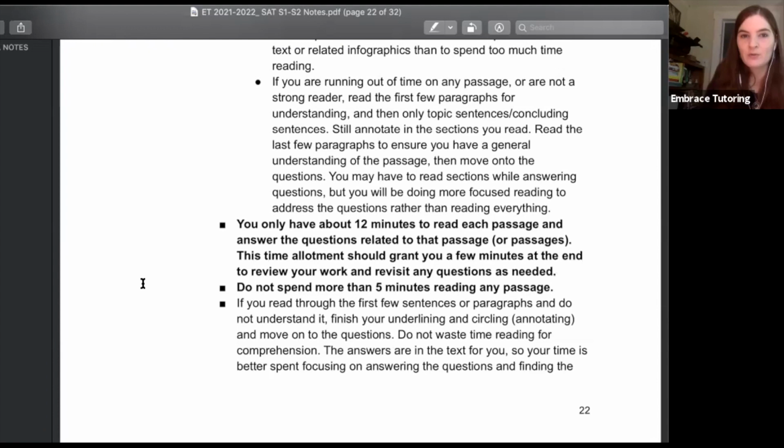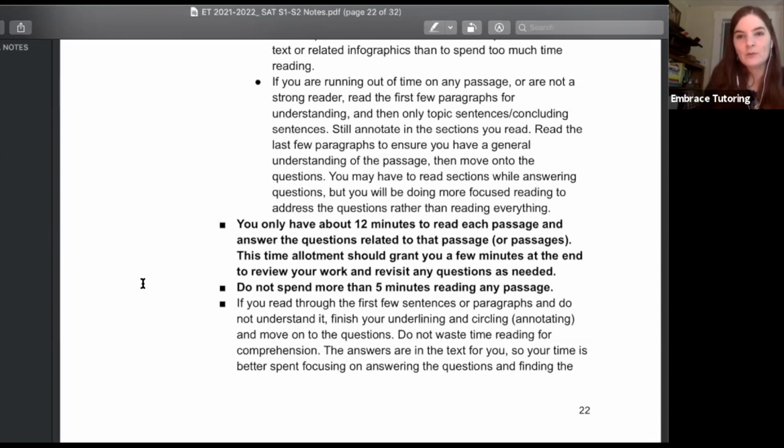for those of you who might struggle with reading or who might struggle with particular types of passages that are just not your cup of tea, you want to make sure that if you're running out of time on any passage, or are not a strong reader, or you're getting bogged down in the first few paragraphs and just not understanding what the author's saying, you should know within reading the first few paragraphs whether or not you can read the whole thing, or whether or not you have to spend more time doing reading.